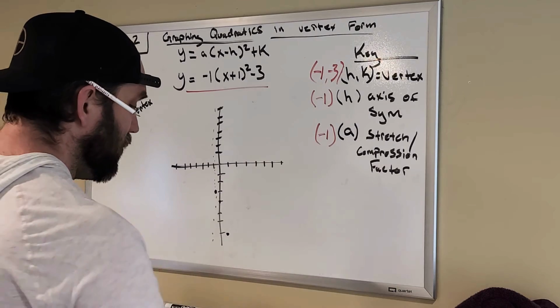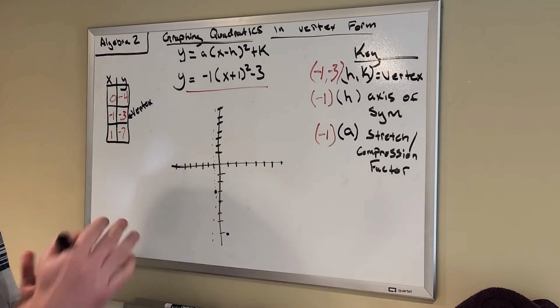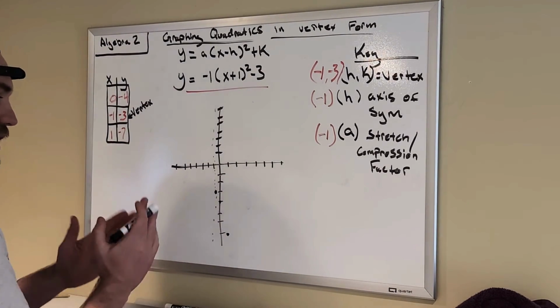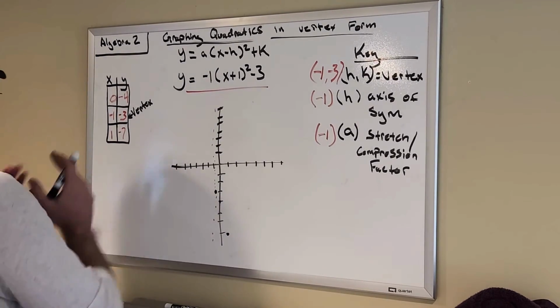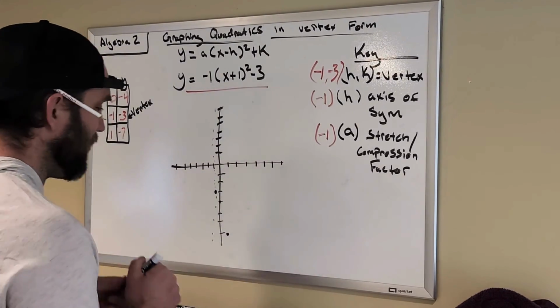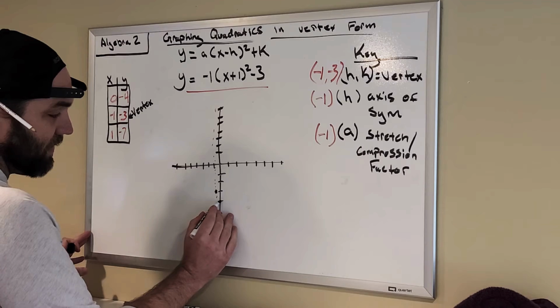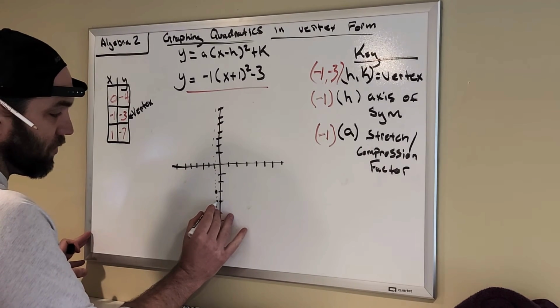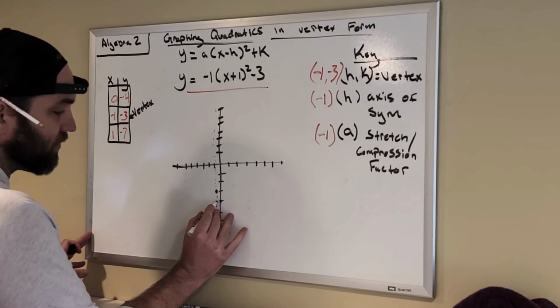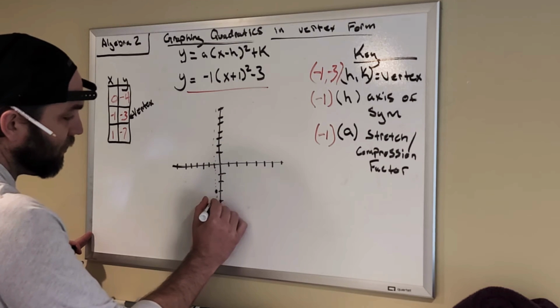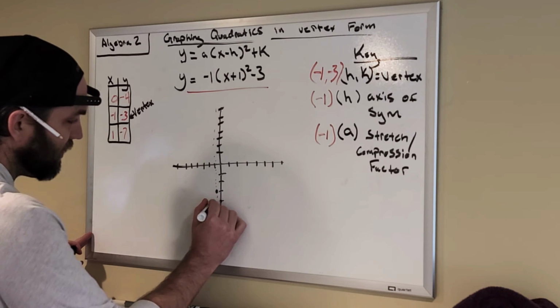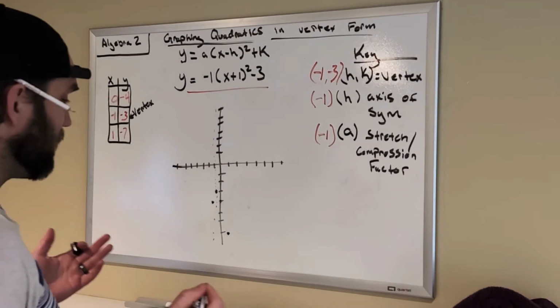All we need to do is we take our points that are on one side and count how far they are away from the line and then place them on the other side, that far away. So, for instance, this point here is only 1 point away from the axis of symmetry. So I go 1 point away in the other direction and put a point there.